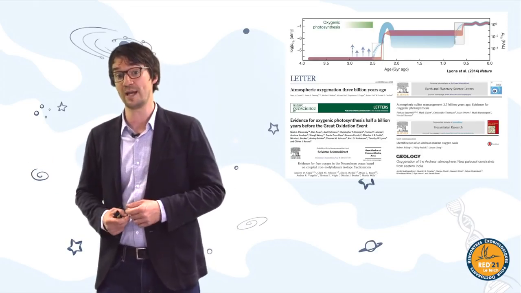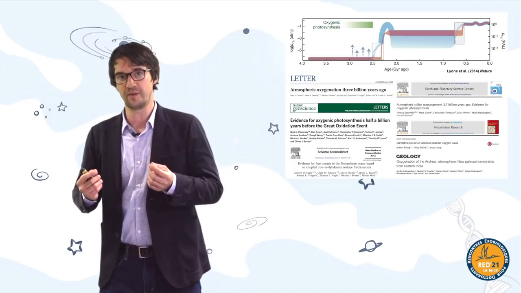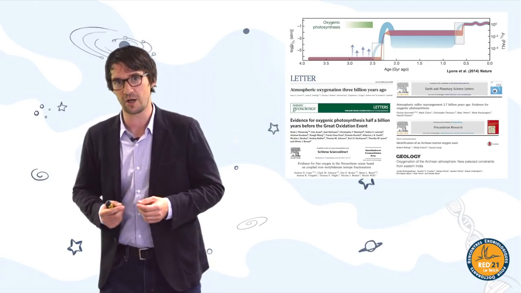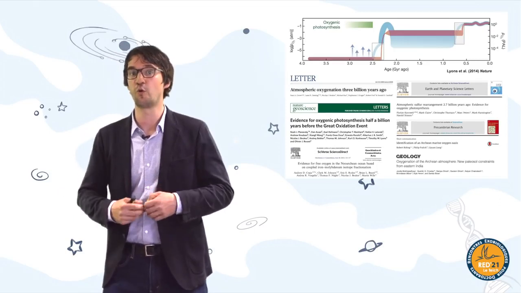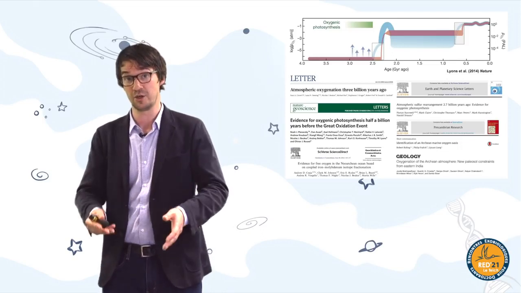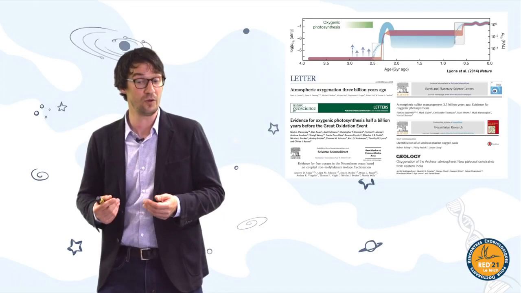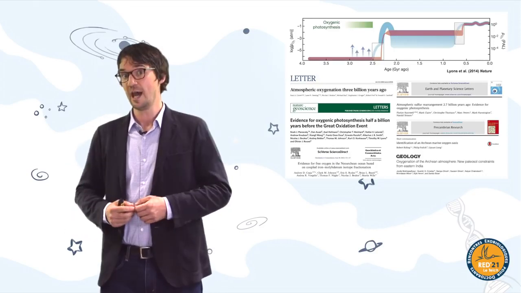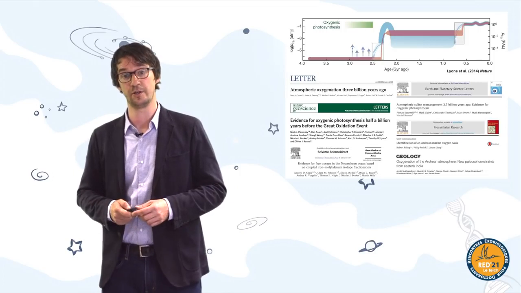What I want to talk about right now are these little blue arrows, which are signs of oxygen before Earth's atmosphere became oxygenated. And so if we really want to understand what the role of biology is in planetary oxygenation on Earth, it's critical to understand what these traces are, and what they can really tell us about whether or not there was biological oxygen production on the early Earth.